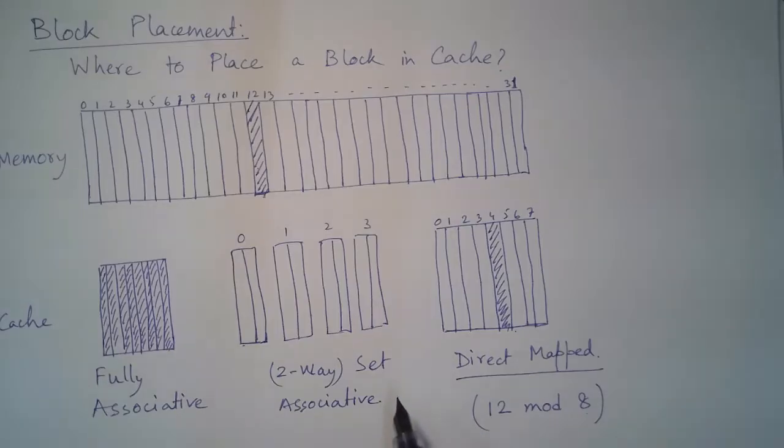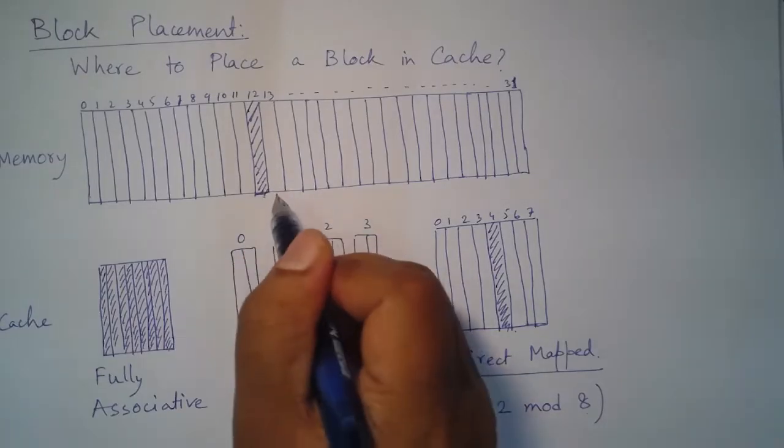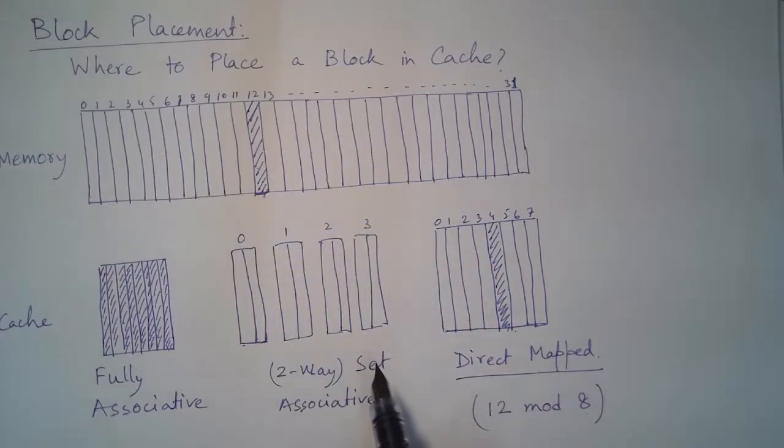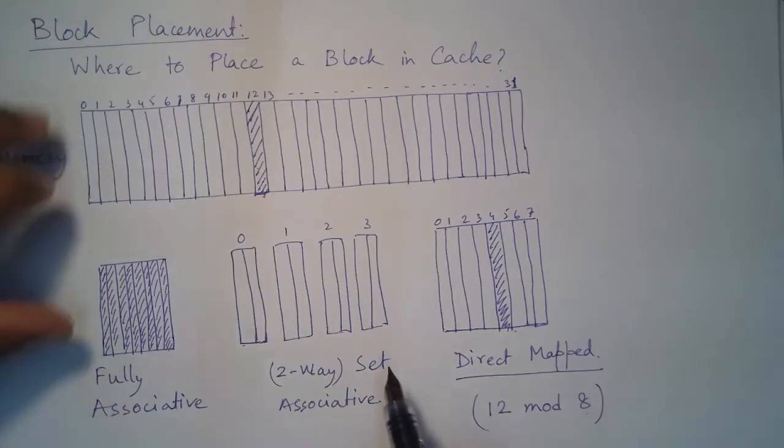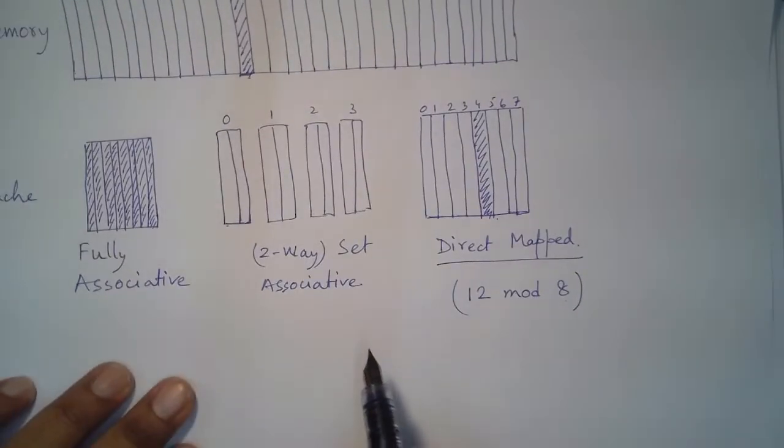So now what is the advantage? In this case, again if we want to put block 12 in our cache, then we can find out what are the possible locations where block number 12 can go in, and to find that out we will be doing this operation.